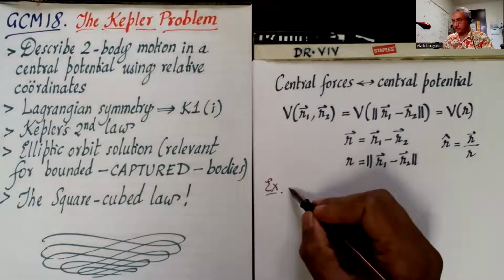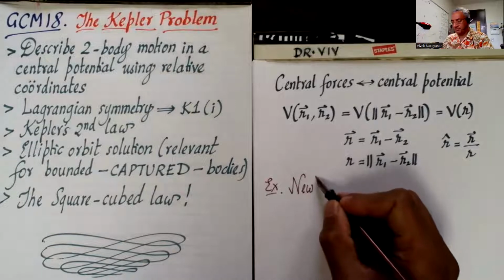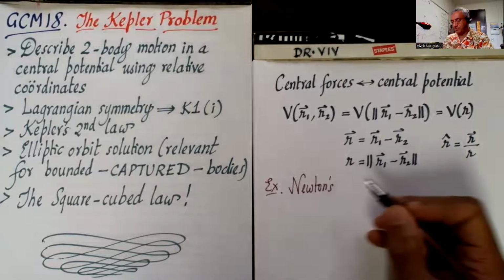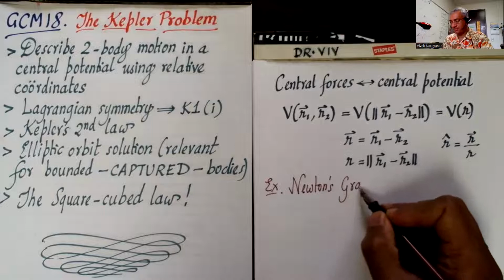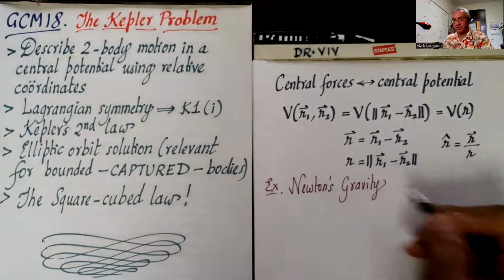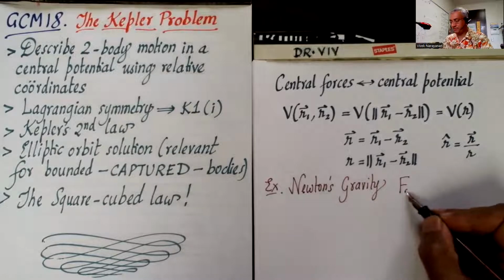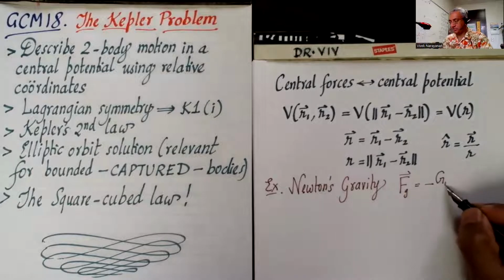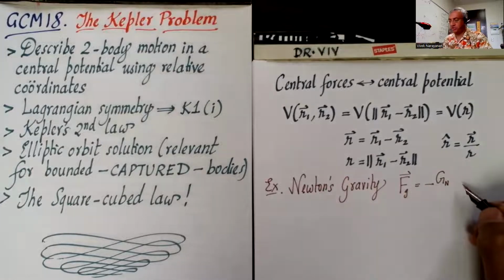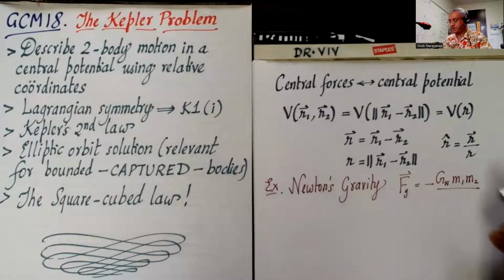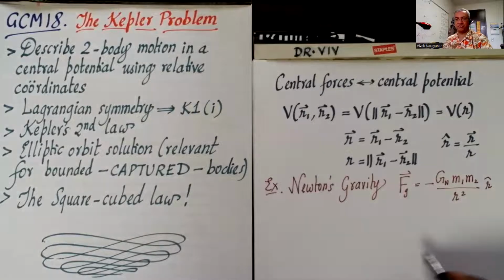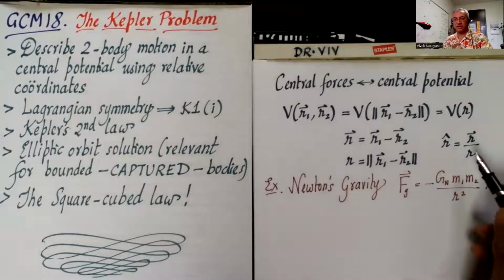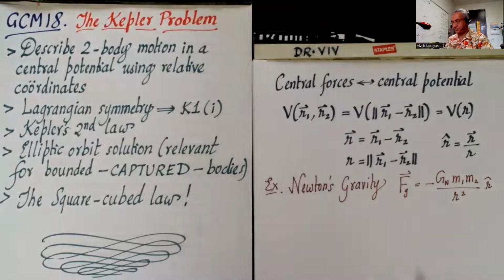One example is Newton's gravity. So the force of gravity, Fg, is going to be negative Newton's gravitational constant times the product of the two masses divided by r squared times r hat, where r squared is the square of this and r hat is that.